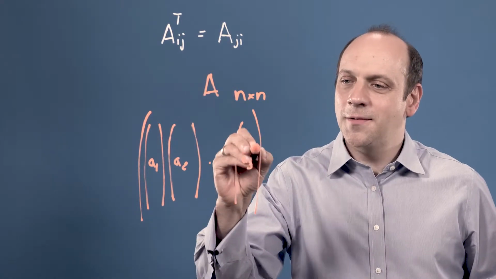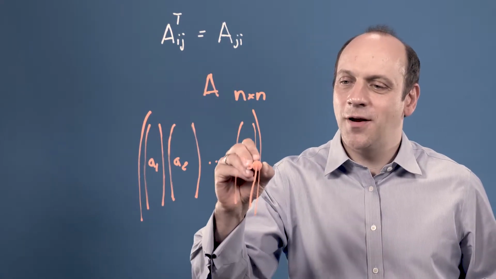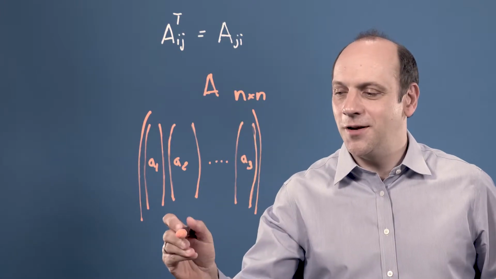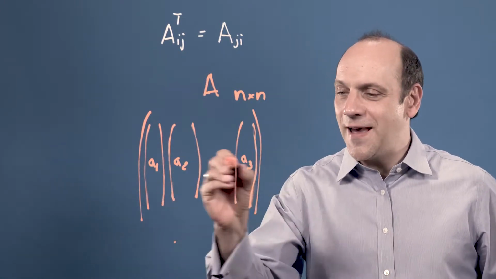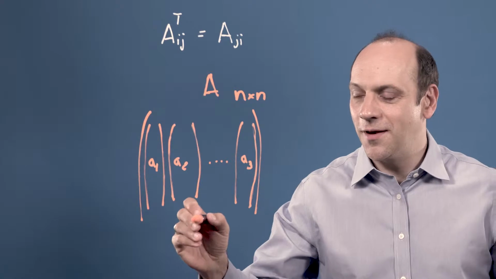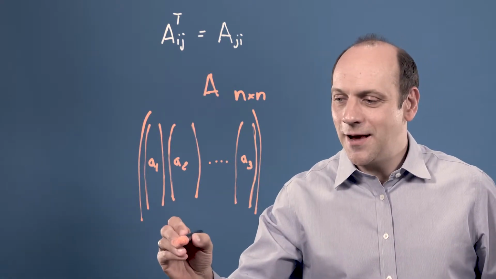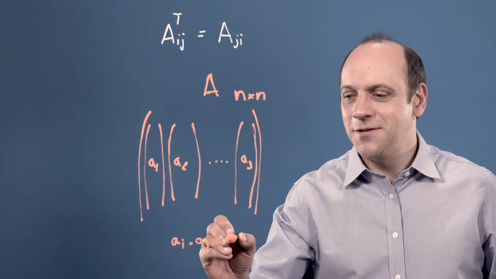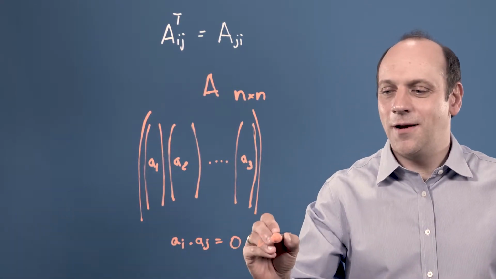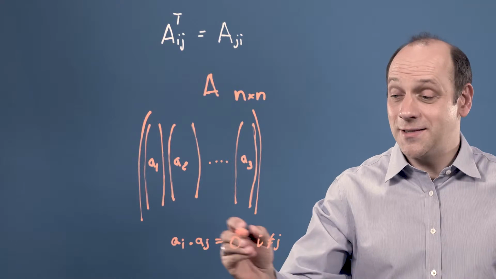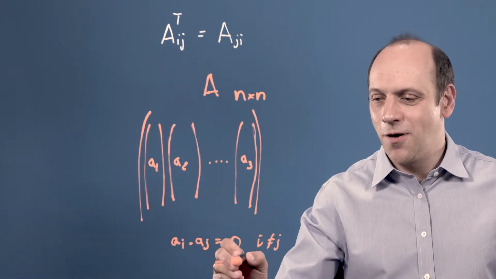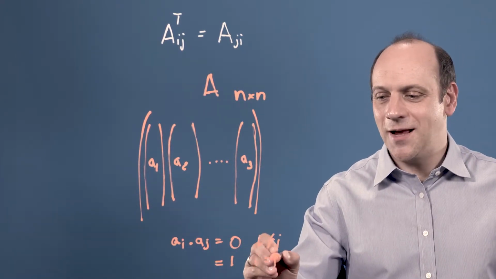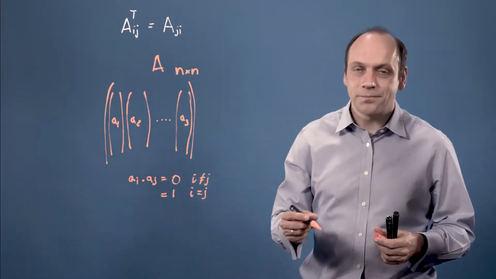And I'm going to make this a special matrix where I impose the condition that these vectors are orthogonal to each other and they have unit length. That is, A_i dotted with A_j is equal to 0 if i isn't equal to j. That is, they're orthogonal. And it's equal to 1 if i is equal to j. That is, they're of unit length.